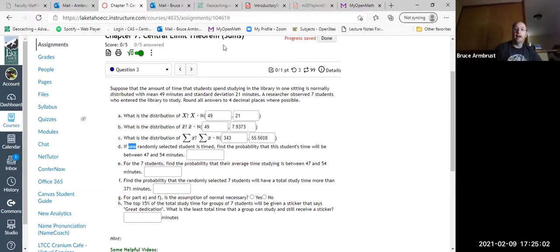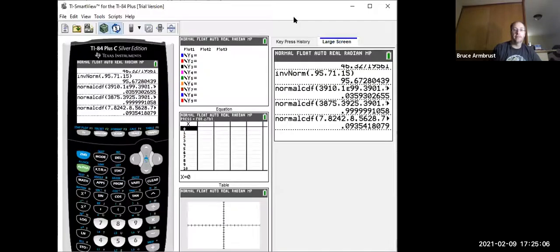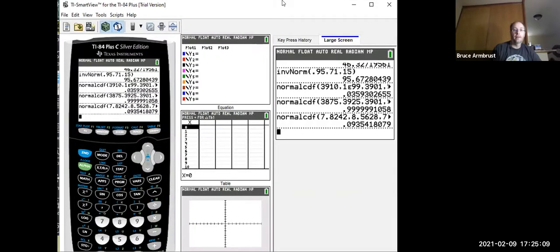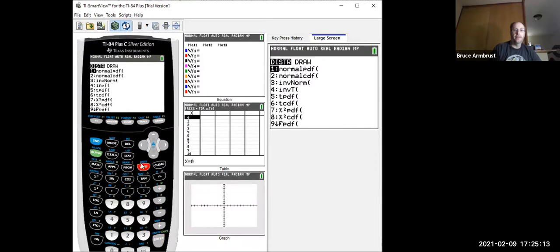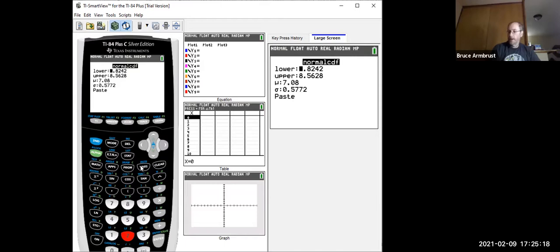All right, so let's jump to the calculator just so you can see how everything's going to get put in here. So again, go to distributions, normal CDF. Lower bound is 47. The upper bound is 54 because we want times between 47 and 54 minutes. Our mean was 49 and our standard deviation was 21.